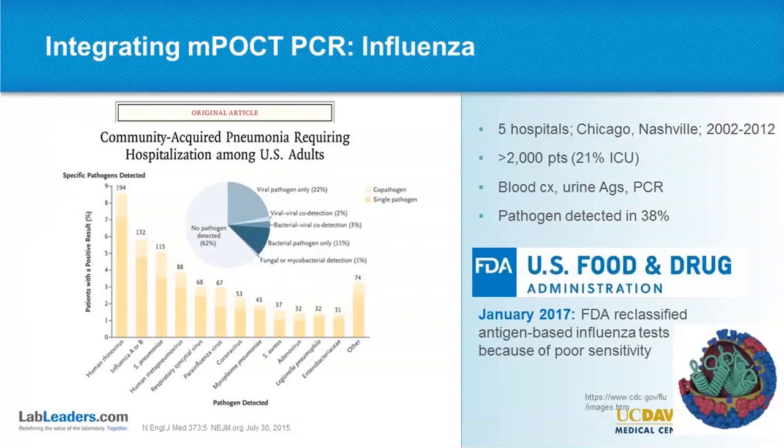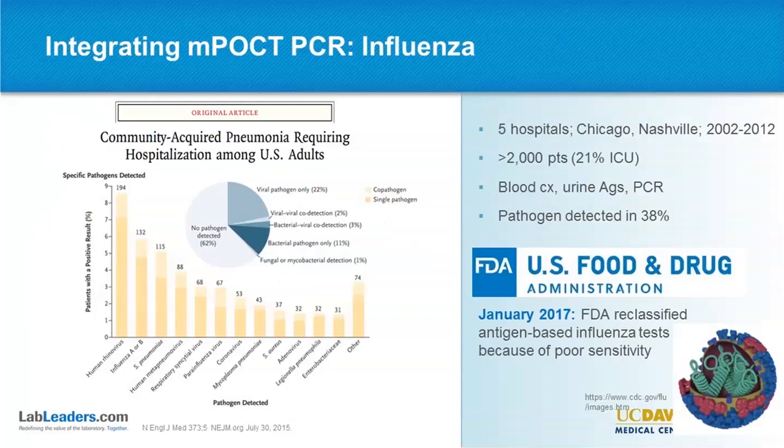So here's some data. This is the concept model for integrating molecular point-of-care testing using PCR for influenza patients. This is data from 5 hospitals in Chicago and Nashville over a decade, so 2002 to 2012. Over 2,000 patients, 21% of which were in the ICUs.